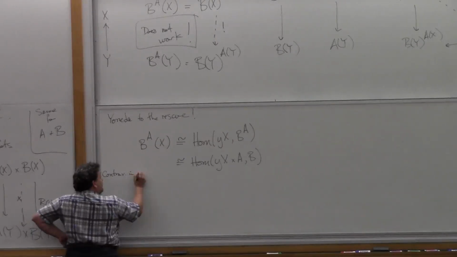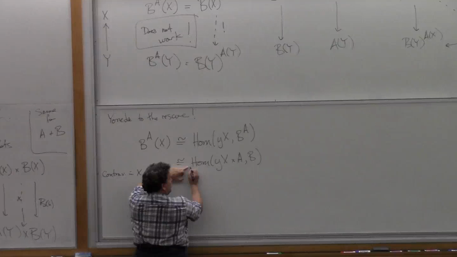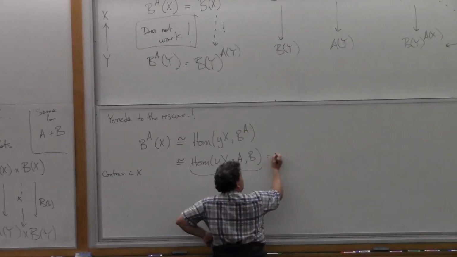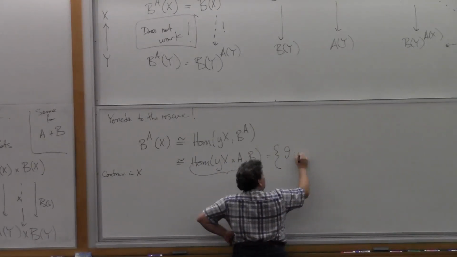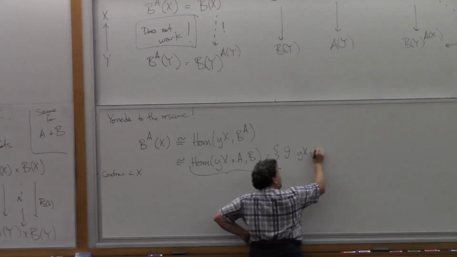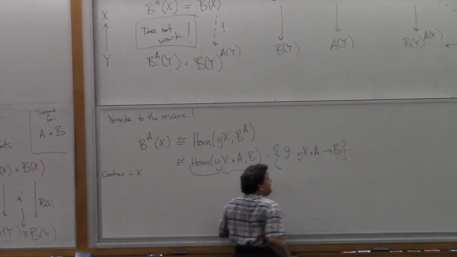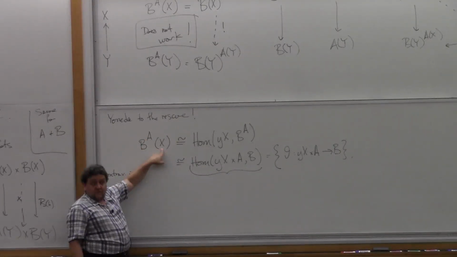So the proposal is we're going to take this as the definition right there. I mean, that's a set, right? This is a set of all natural transformations theta from yx cross a into b. That's our proposal for the value of this exponential functor at x.